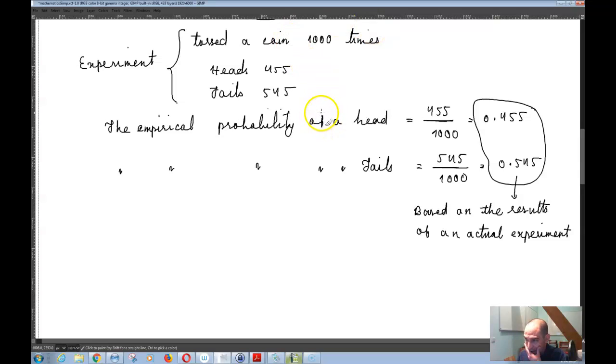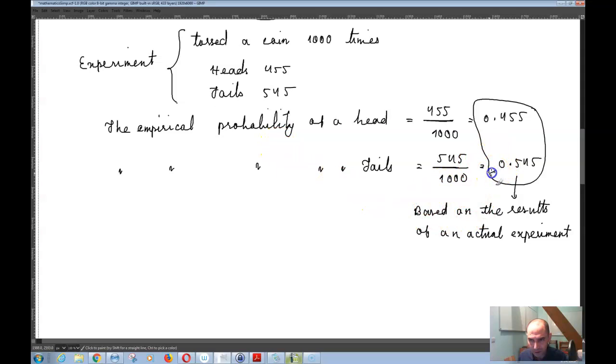For this reason, they are called experimental or empirical probabilities. In fact, experimental probabilities are based on the results of actual experiments and adequate recordings of the happening of the event. Moreover, these probabilities are only estimates.